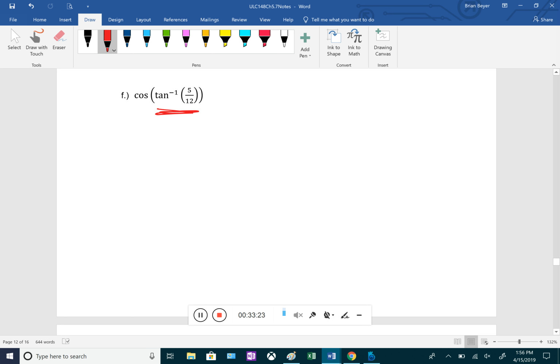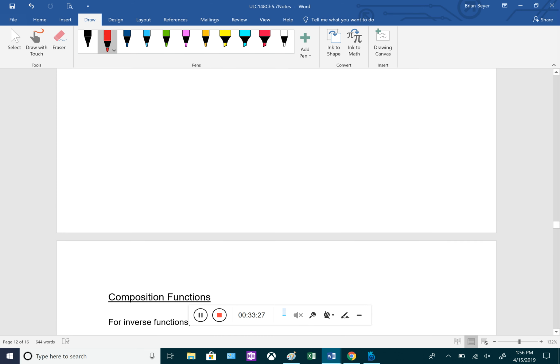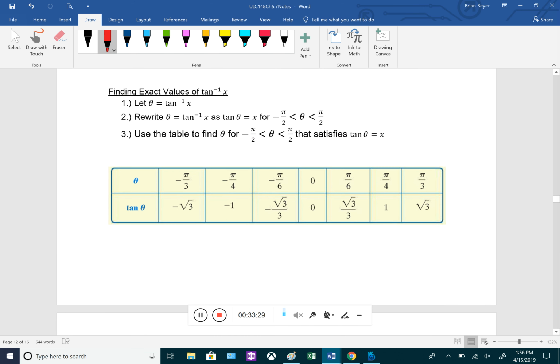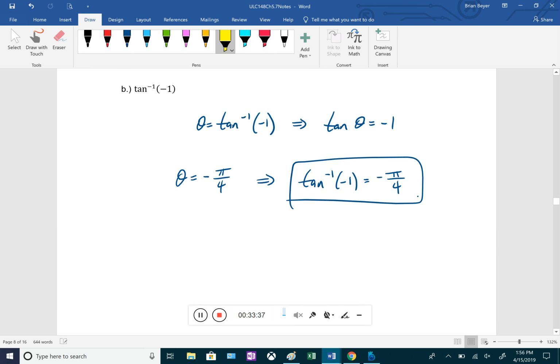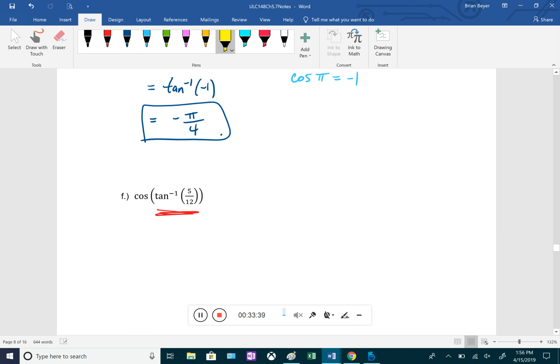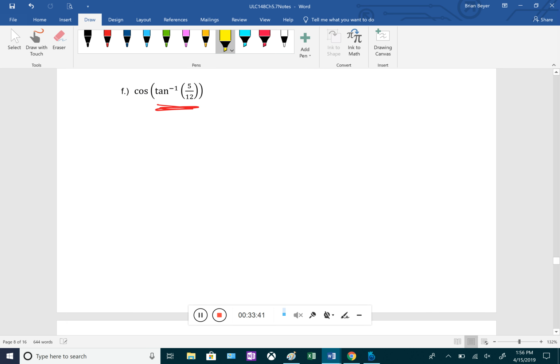So if we went to the table here, just like a question from several pages ago, 5 over 12 is not anywhere here, so we can't actually use this table method. So we're going to have to do this a different way. What we're going to say is that we're going to let this whole thing equal theta.